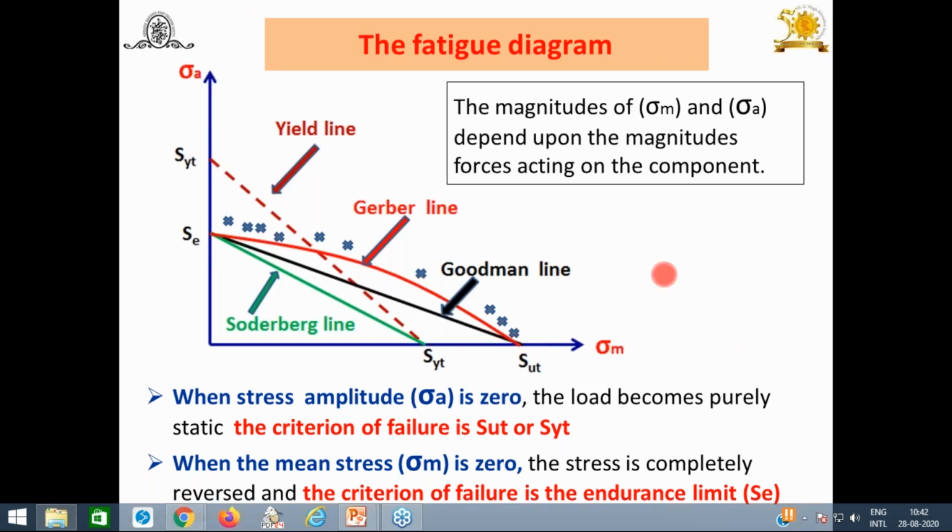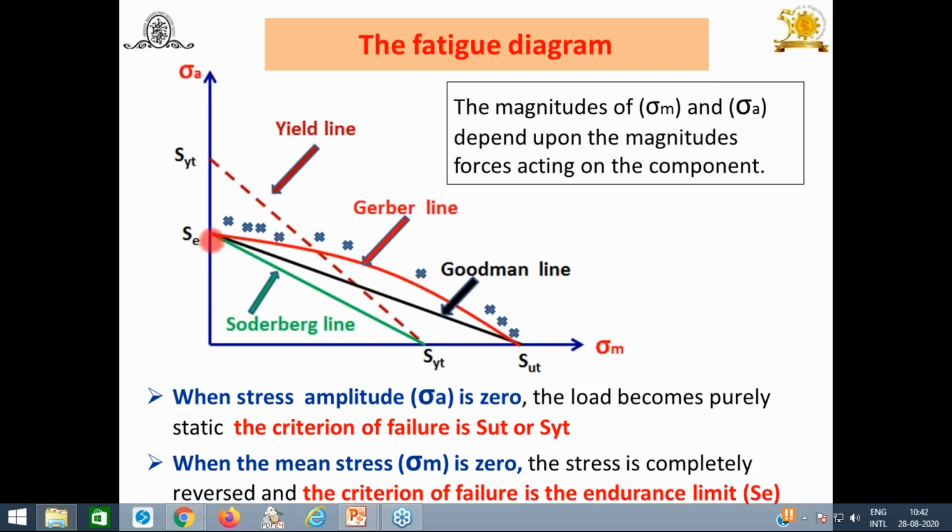When components are subjected to a combination of this sigma M and sigma A, and during that time to decide the safe region and unsafe region, the Gerber diagram, Goodman line or Goodman diagram, and Gerber line or Gerber diagram play an important role, and these are the criteria for the design of components subjected to fluctuating load. Now let us see what you mean by Soderberg.